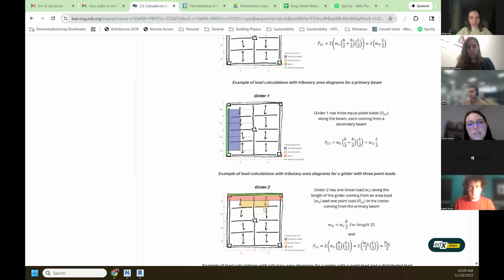Okay, so here it really depends a bit on the load path. When we are looking at the windows, for example, or the infill elements, then they have one span direction, which means that for the top example, we see that the surface load would go to the horizontal elements at first.